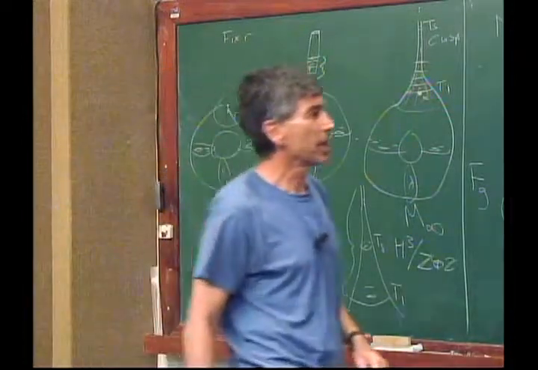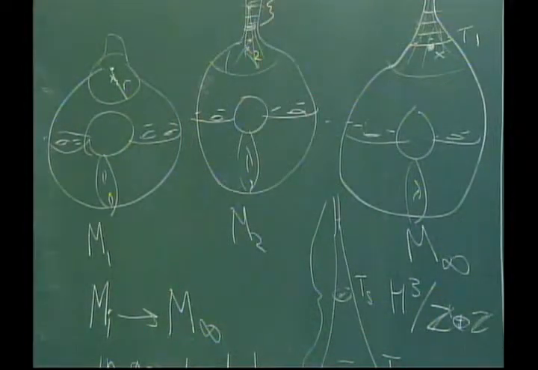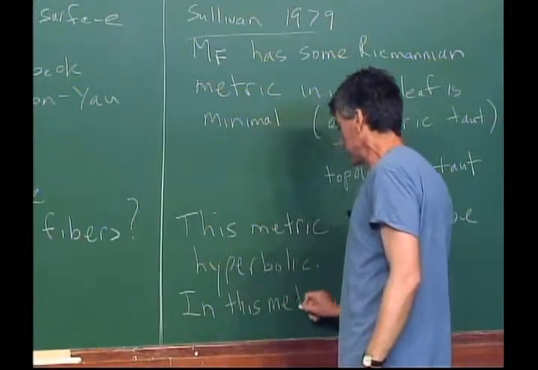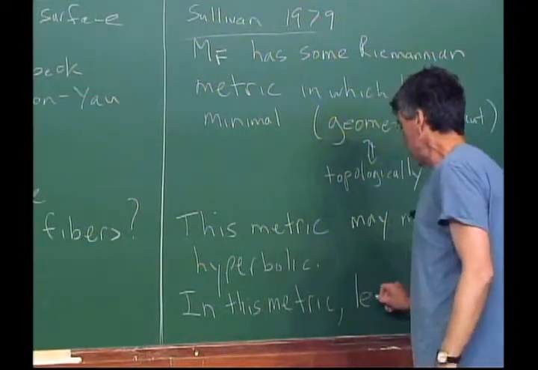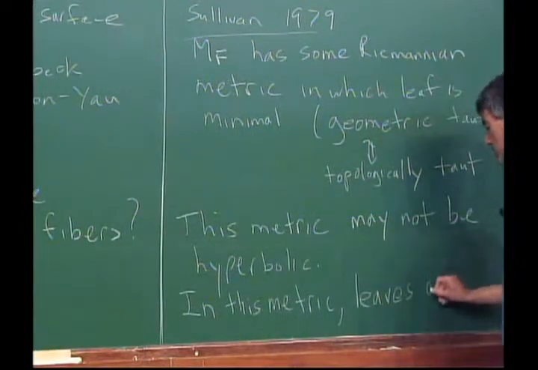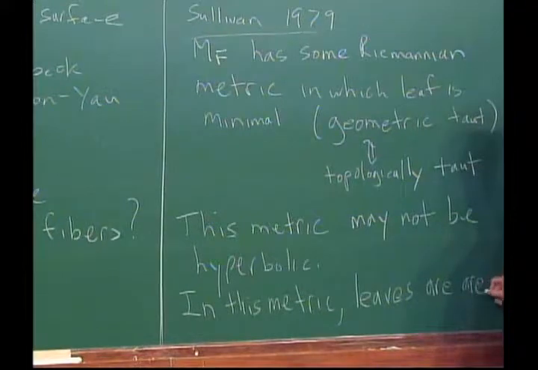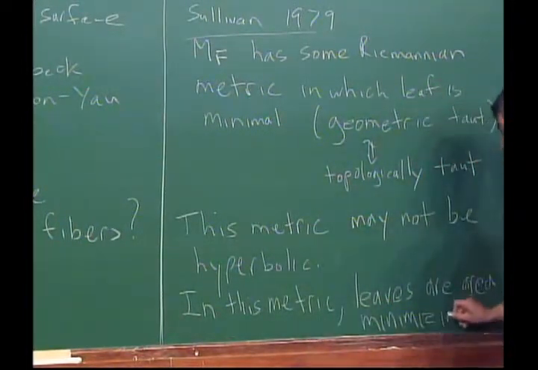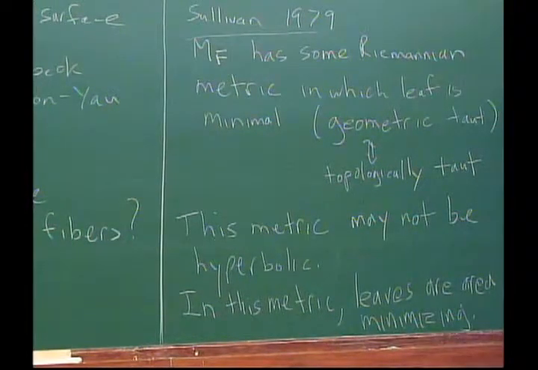Now, one of the things that comes out of this theory of minimal foliations that was studied by Sullivan is that in any such metric, if you have a minimal foliation, leaves are not just minimal, they're area minimizing. So leaves minimize area in a very strong sense.